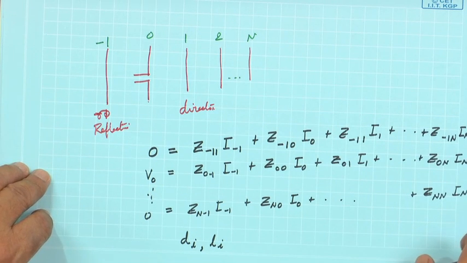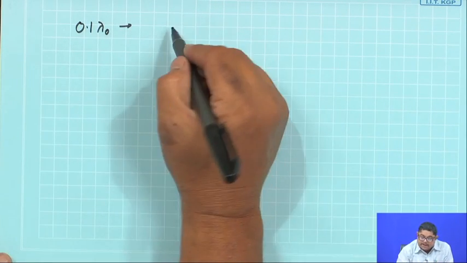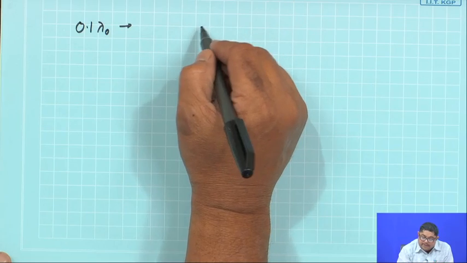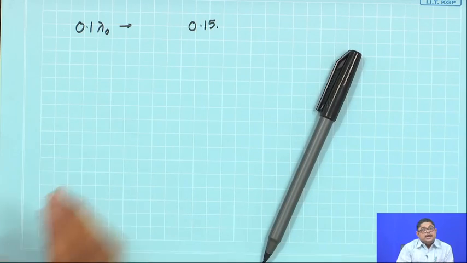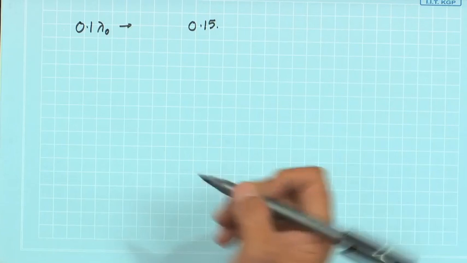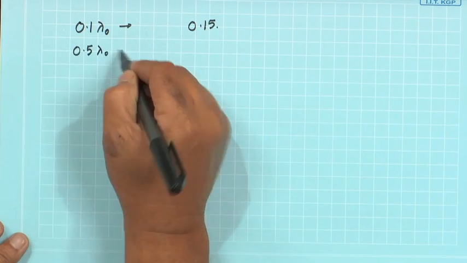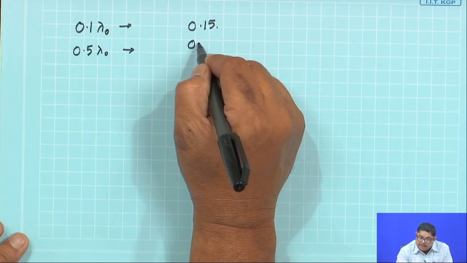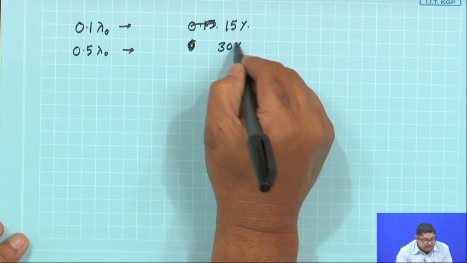It has been found that the reduction of radiation resistance with a spacing of 0.1 lambda naught for a single parasitic element is by a factor of 0.15. So, radiation resistance gets reduced by 15% with a spacing of 0.1 lambda naught. If we have a spacing of 0.5 lambda, this becomes a 30% reduction.